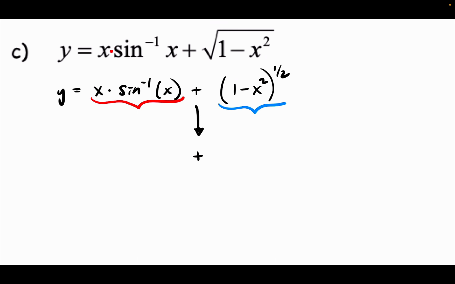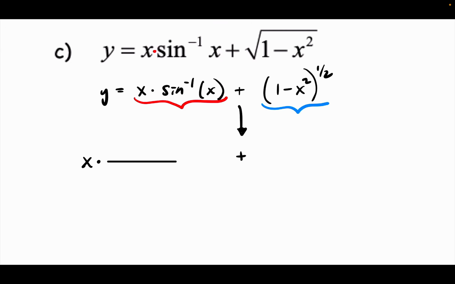So the product rule says the first times the derivative of the second. The derivative of the second is, it's an inverse. So I'm going to go back up here.